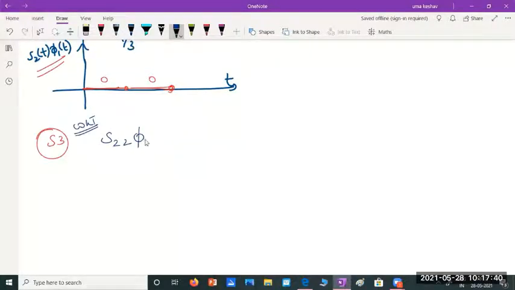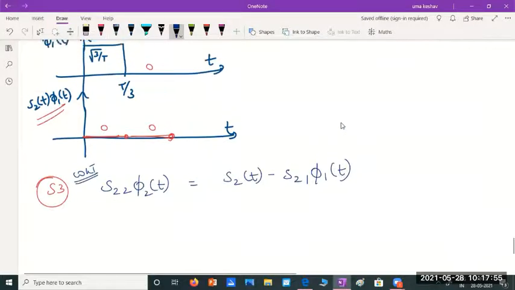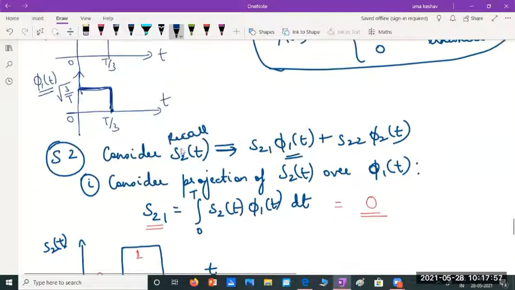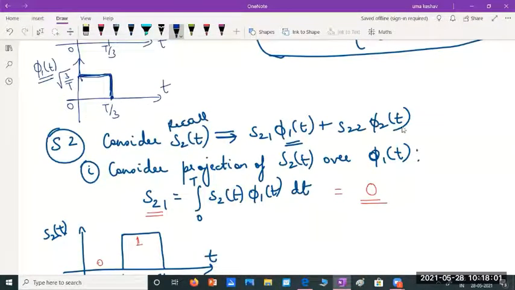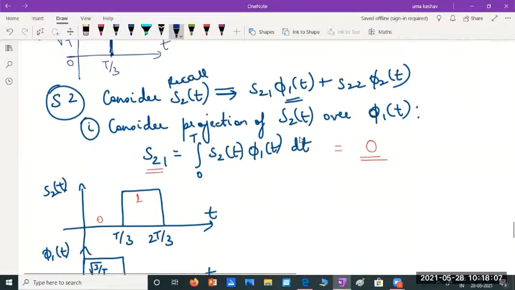Again, from the Gram-Schmidt procedure, we know S22 phi2 can be defined as S2 of t minus S21 into phi1 of t. You see the equation: S2 of t is S21 phi1 plus S22 phi2. So S22 phi2 is S2 of t minus S21 phi1 of t.